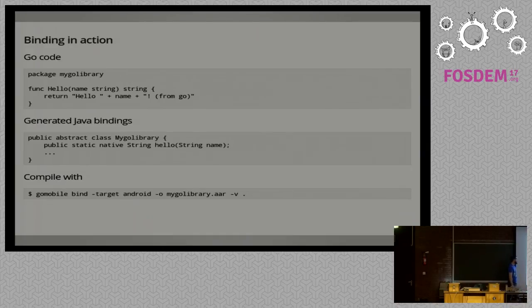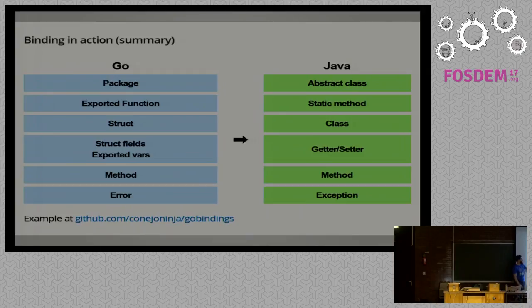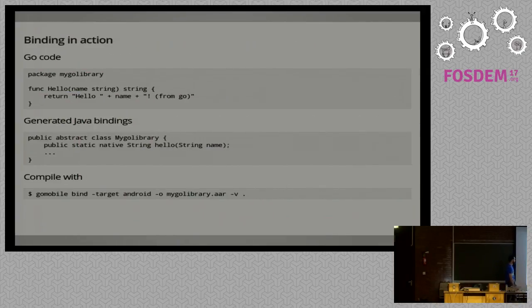The package will be transferred into a class, and the Hello function is now a static method of the MyGoLibrary class. One thing to point out is that in Go we have the uppercase H, but in Java it is lowercase.